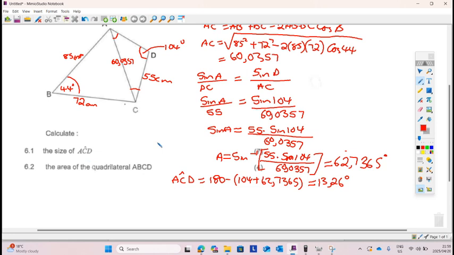And then that's all you have to do to get your 7 marks there. And then calculate the area of quadrilateral ABCD. Now we need to calculate two areas here, area for this triangle and area for that triangle, and we add them. My area is equal to area for this triangle.